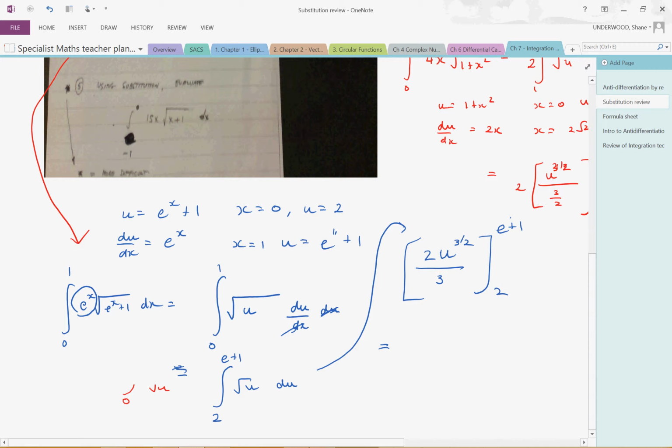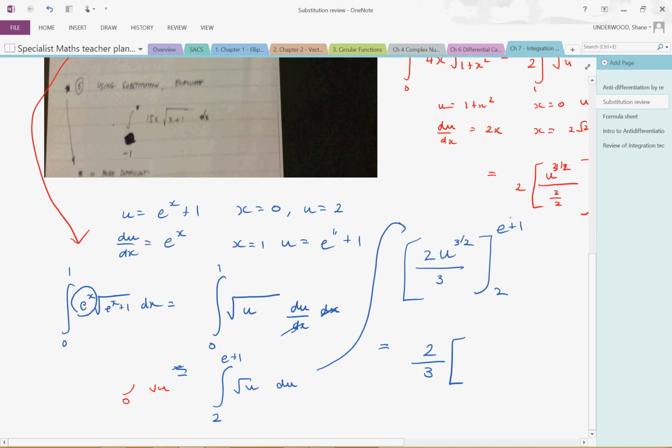Now, let's have a look, and this is where it gets a little bit ugly, but I guess we've got e plus 1, the square root of that, to the power of 3. Let's do that. So we've got 2/3. Let's put the 2/3 out the front for the time being.